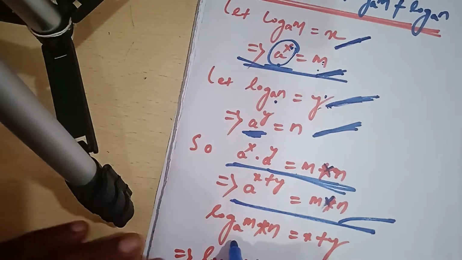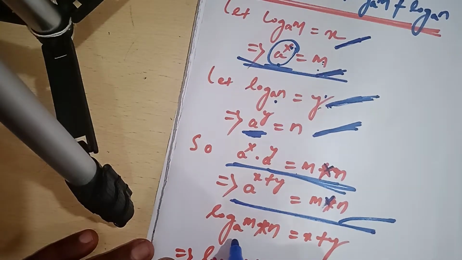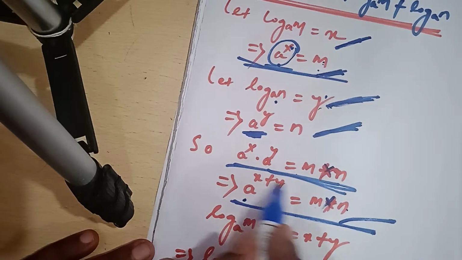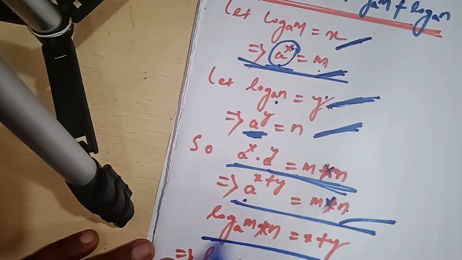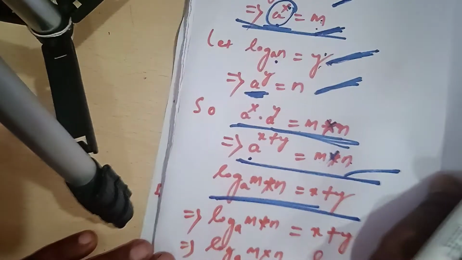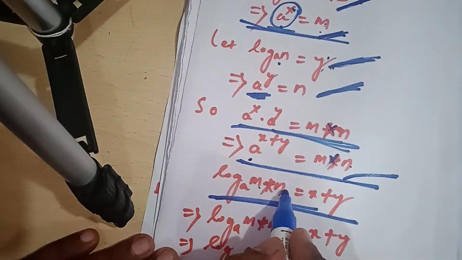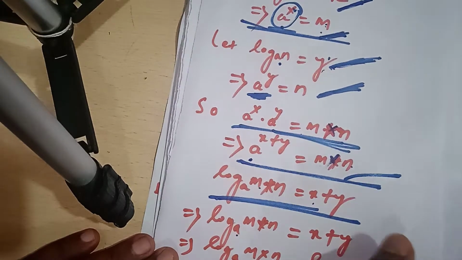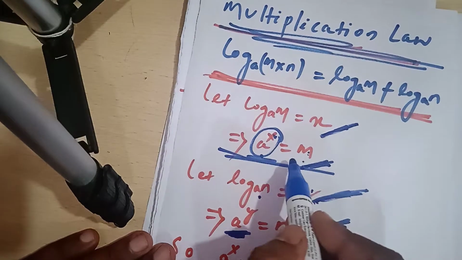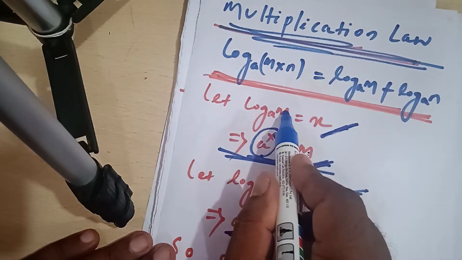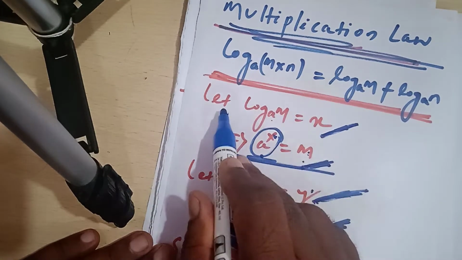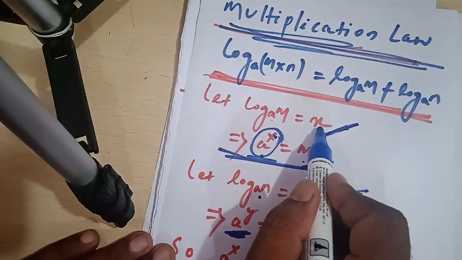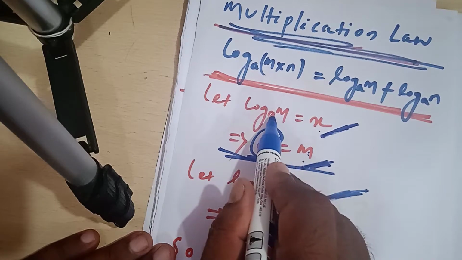In logarithmic form, it will be expressed as log mn to the base a is equal to x plus y. Before that, I took log m to the base a is equal to x, so in place of x, I can take log m to the base a.